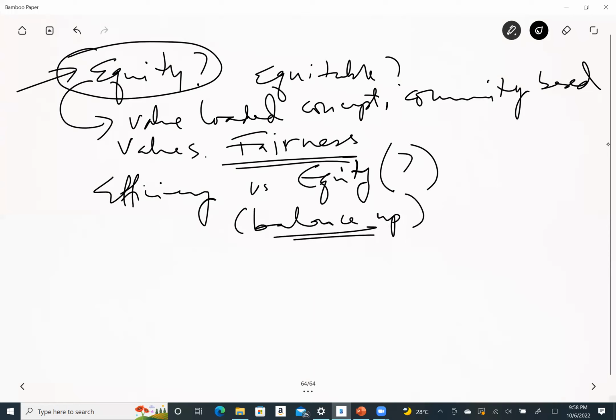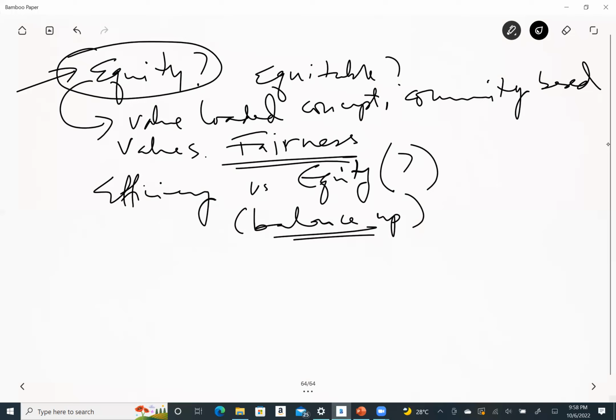When you balance up, that means you have to exercise your judgment, based on efficiency and the concept of justice. If you look at rice, the demand is inelastic, but we don't actually tax it. We give subsidy.